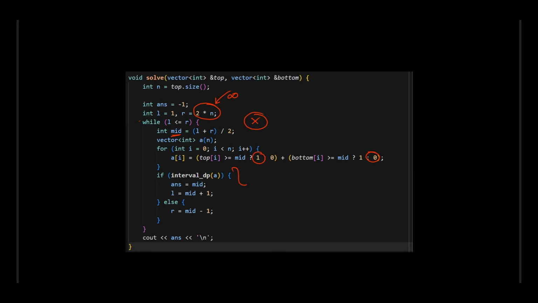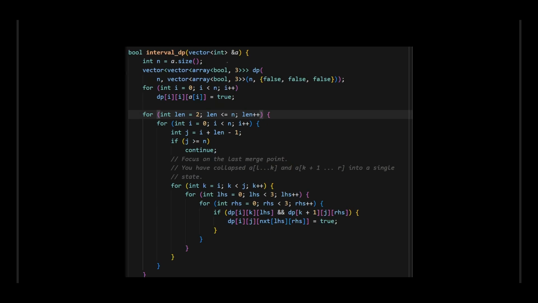And then you do an interval dp to see if it can give you the final state of 2. If the final state of 2 is possible, it means that there is a configuration in which you can achieve greater than or equal to x. So you strip the left half, otherwise you strip the right half.